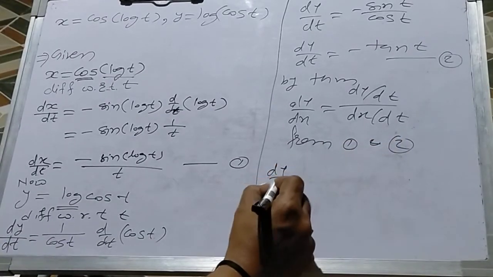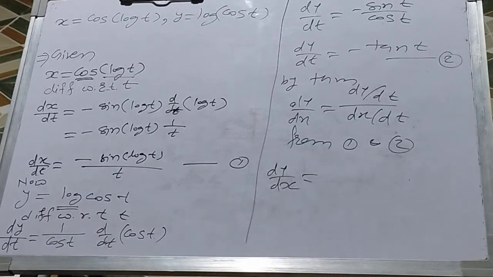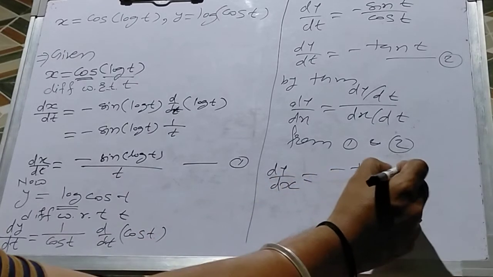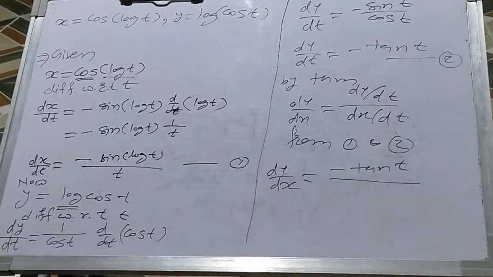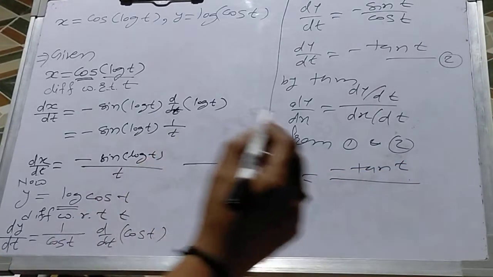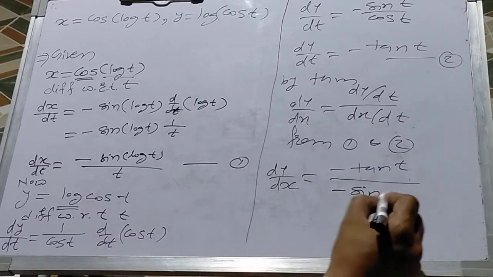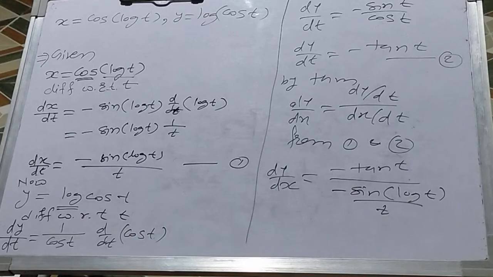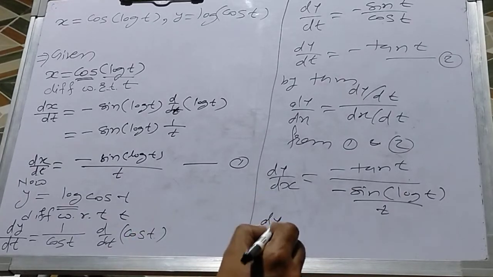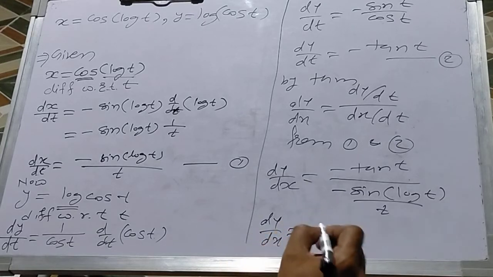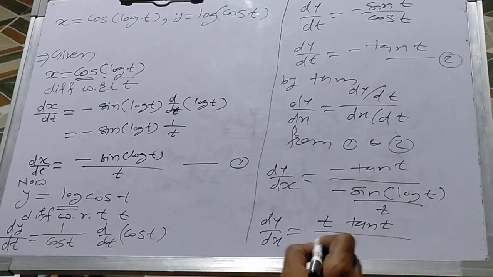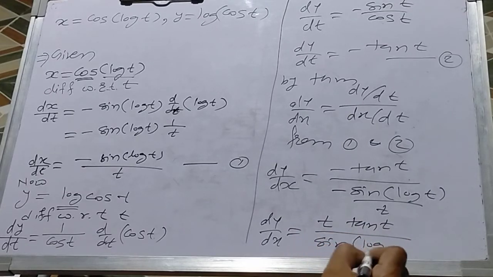So therefore dy by dx is equal to minus tan of t divided by minus sine log of t divided by t. So transfer the denominator t to the numerator. It means dy by dx is equal to t tan of t divided by sine log of t.